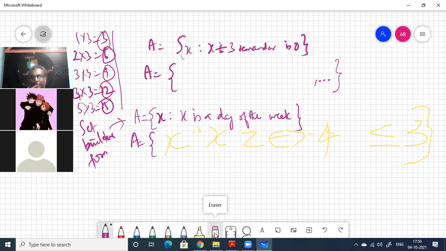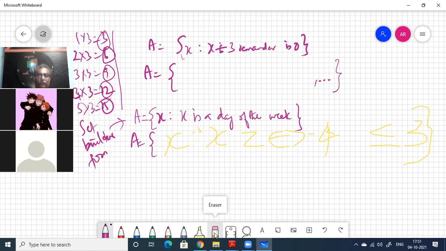Okay, if you write like this, that is an element such that it is greater than -4 and less than 3. Okay, that will not be the set of all integers. It will only be -4, -3, -2, -1.